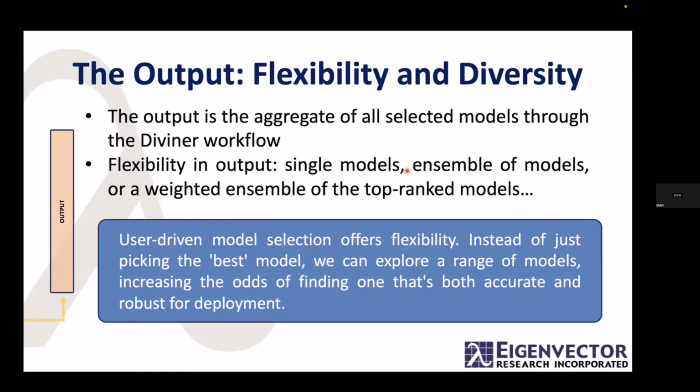Instead of just picking the best model, we can explore a range of models, increasing the odds of finding one that's both accurate and robust for deployment. And you can gauge yourself whether it's worth it to do a more complex set of pre-processing, say, for a small gain in error of cross-validation or error of prediction. So you have a chance to have input on that.